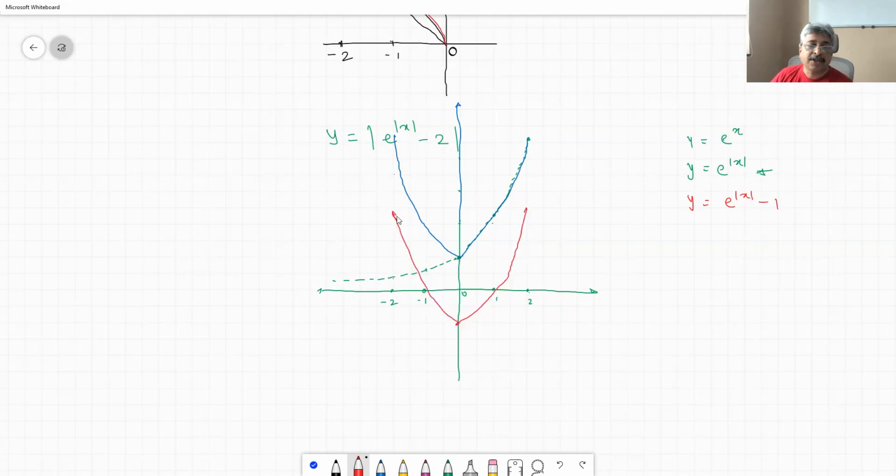You can find out that intercept anyway. When will y be equal to 0? When x is equal to, when will y? Acha. No, not -1, actually it is -2.